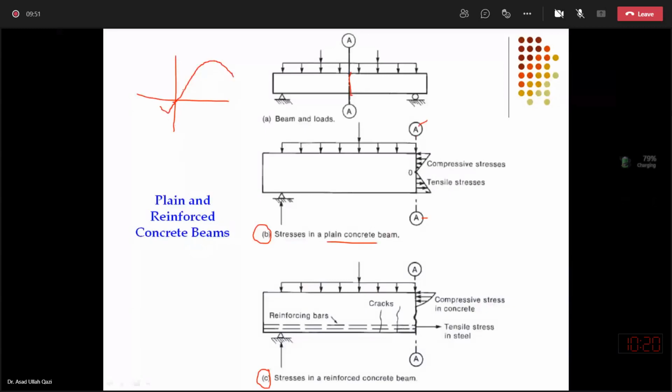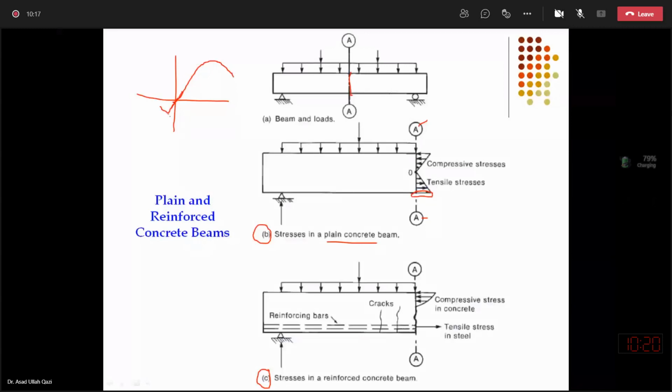So if in compression I am just applying a low value of load, I'm on the nearly straight branch, and in tension also I am very low in magnitude and my tensile stresses are less than the modulus of rupture, which will come over here, and then finally the concrete will crack in tension.